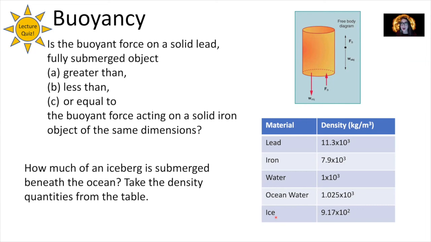So looking at that ratio for objects that float in liquids, you can figure out what fraction of an object is submerged in a liquid if you know the densities of both of those materials.